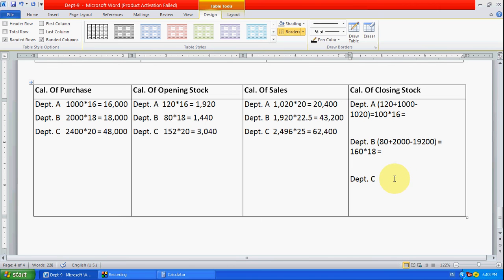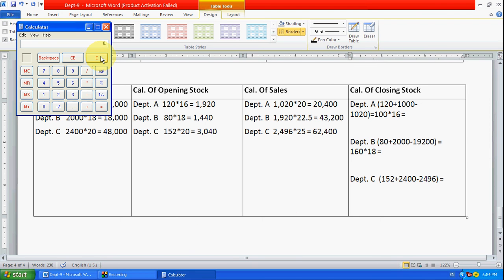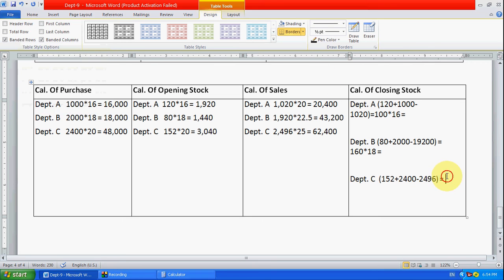Okay, now go for C. C is 152 plus 2400 minus 2496. Let's calculate this one: 152 plus 2400 minus 2496, the remaining is 56.